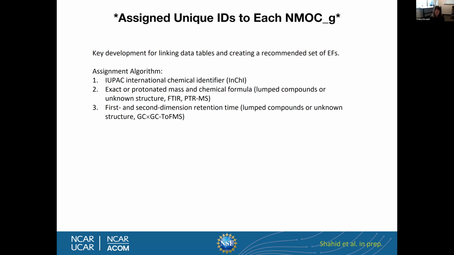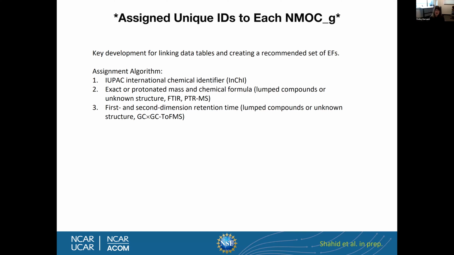And then a lot of times when we report data in a publication or even upload to some website, the naming convention gets a little crazy. And a lot of times, especially if we don't have a unique name for the compound that's been identified, we might label it according to the analytical technique that was used. So it's often really hard to compare sets of emission factors.